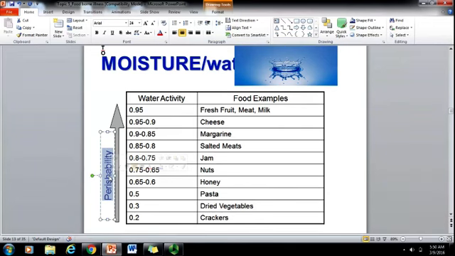Come back again. The food that has high water activity is the food that is perishable, such as fresh fruit, meat and milk. Why is the food that has high water activity more perishable? Remember, water activity is the water that is not bound with the food molecule.